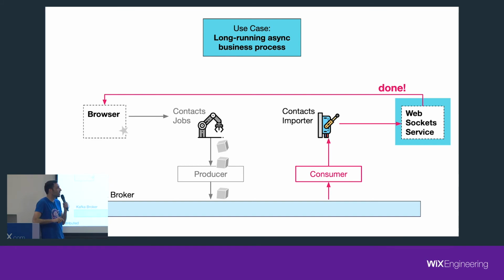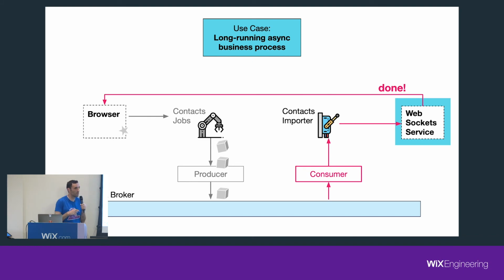And the WebSocket service will know how to get this response back to the browser for the exact needed location. And then the browser UI can update according to the status. So you can see here that this system is completely distributed, and it can be with multiple services.